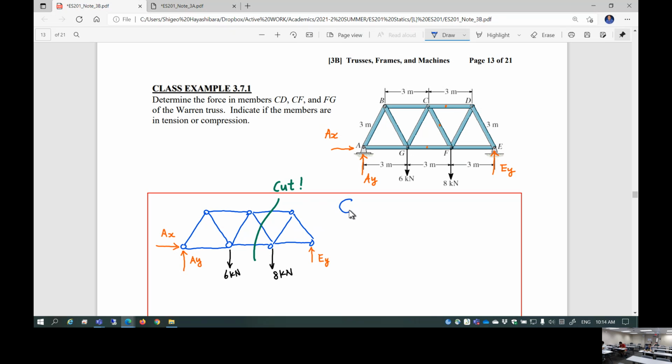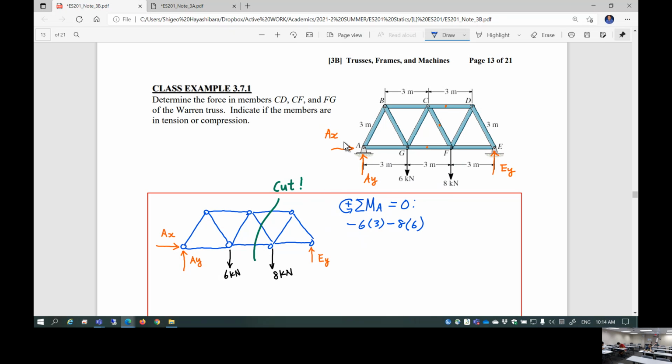Summation of the moment at location A, set equal to 0. If I do that, what happens? AX and AY don't create any moment. 6 kilonewton creates a negative moment, negative 6 times 3 meters. 8 kilonewton again creates a negative moment, 8 times 6.